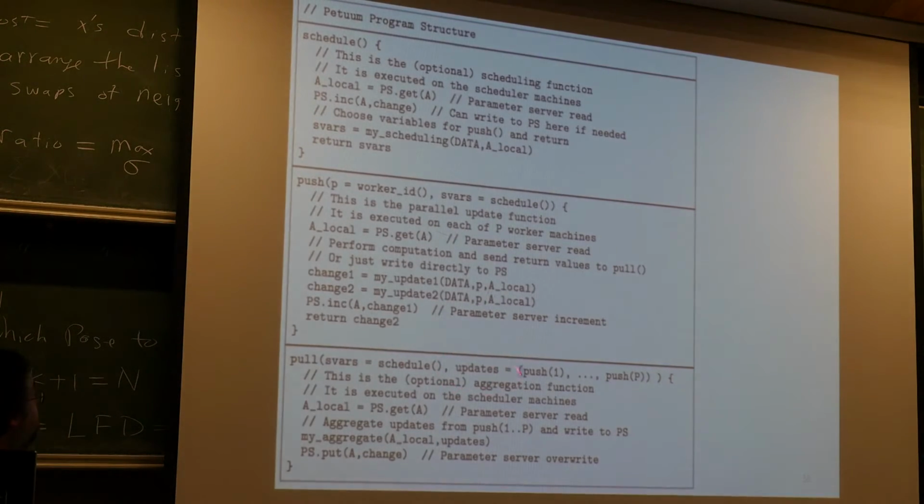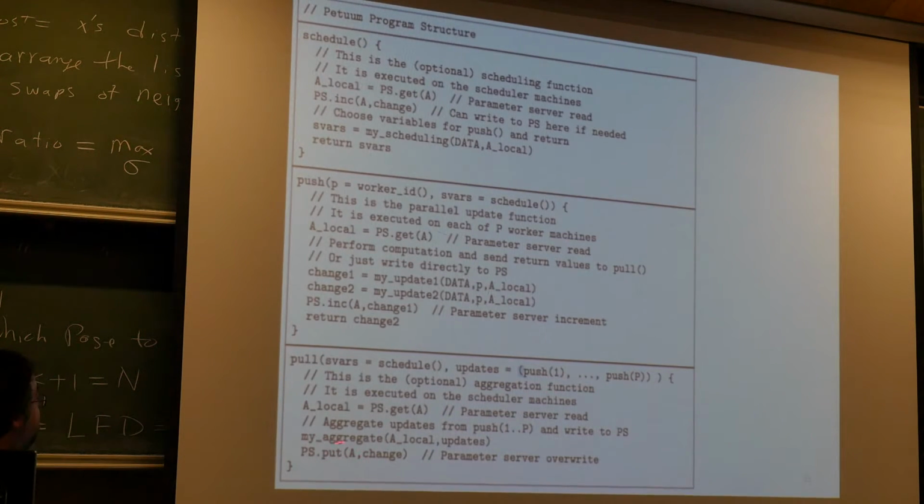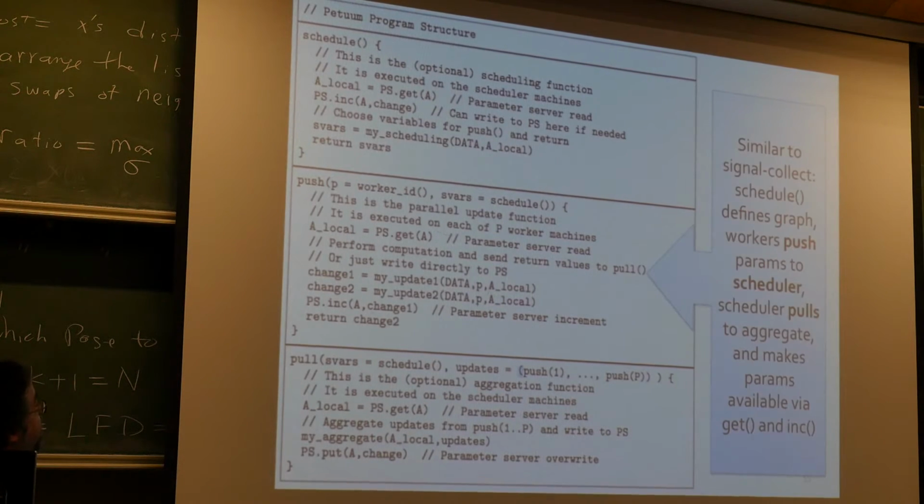And then when you do a pull, this happens on the schedule function. Essentially you wait for these pushes to finish, so you're getting information back from the worker machines, you do some sort of aggregation, and then you update the parameters. In my mind, this is very similar to what happens in the signal collect framework. When you do schedule, you're essentially defining a graph, where the computation elements are the nodes.